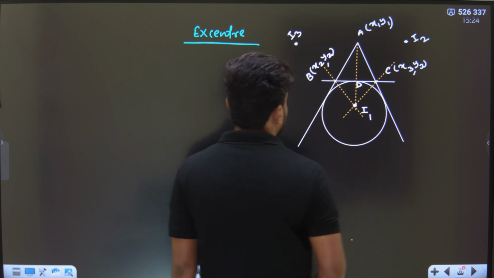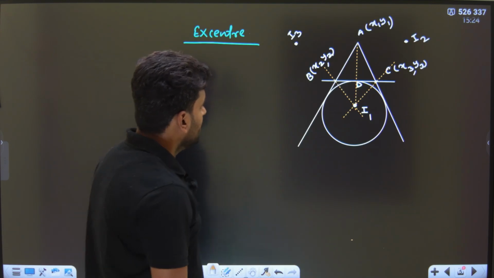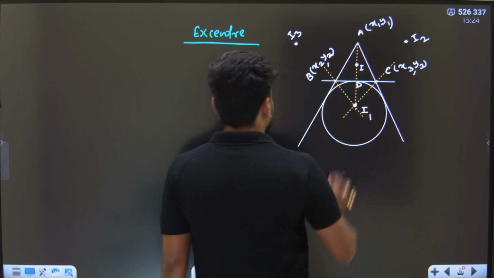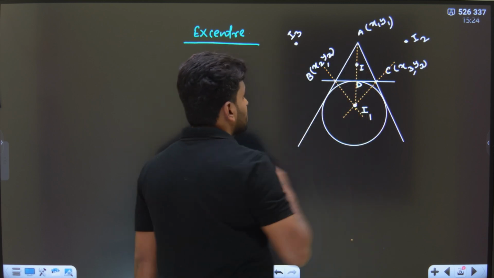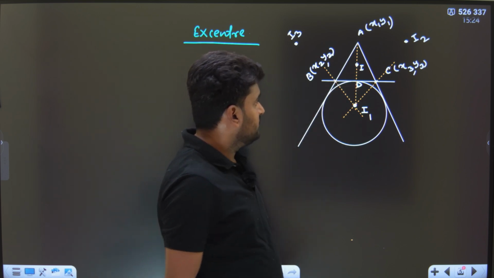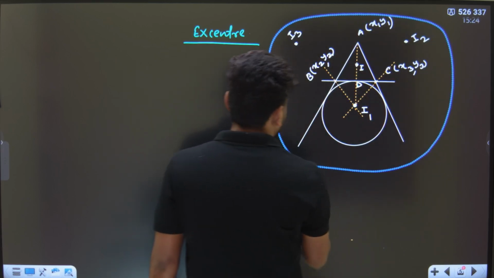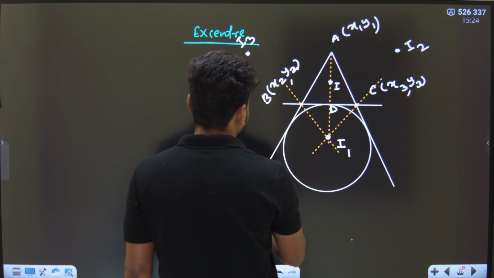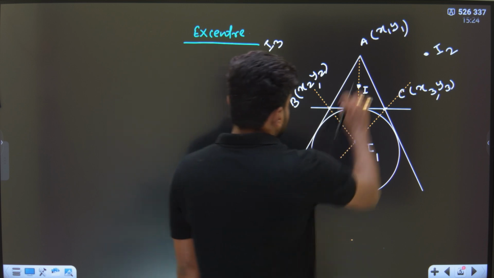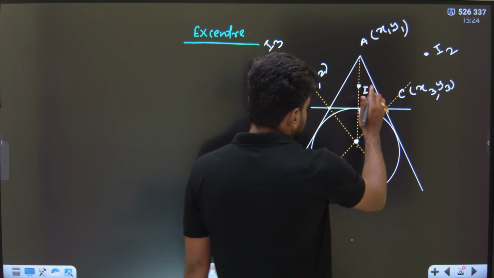Already we had found here this D, and suppose this is I. Why am I taking it? Because it is our internal angle bisector. So Incentre will be here, and we have already found the DI ratio and AI ratio.